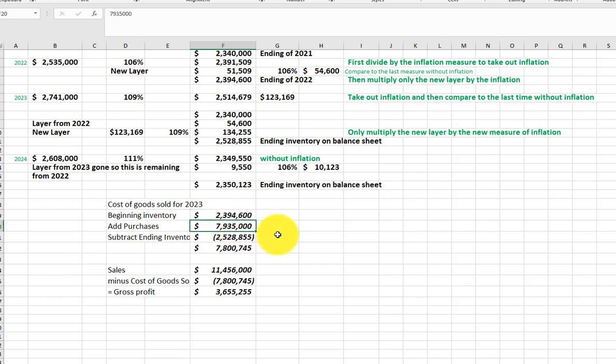Add the purchases, which were given in the problem, subtract the ending of 2023 to get our cost of goods sold, 7,800,745. Sales were given. We subtract the cost of goods sold to get our gross profit. So that wraps up that problem and how we should go about doing it.